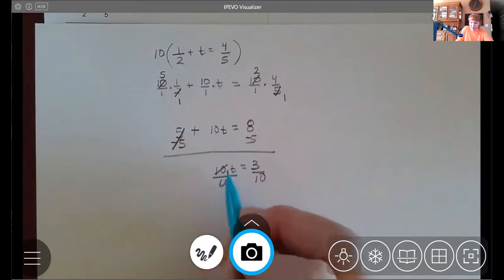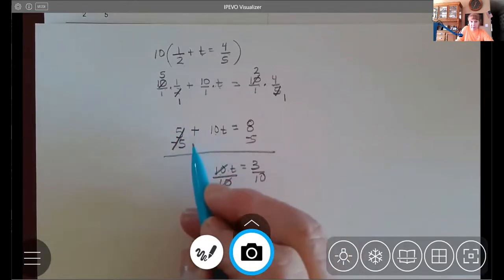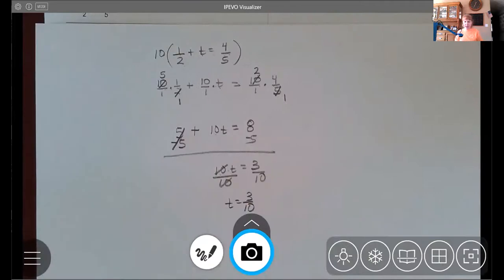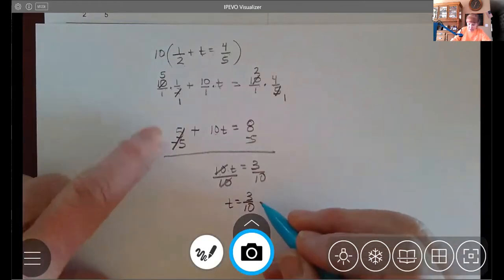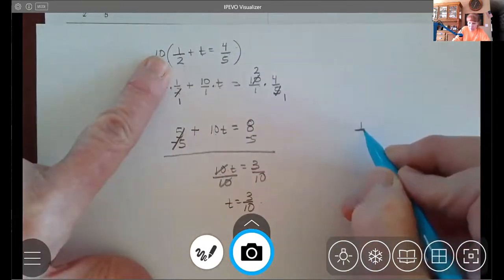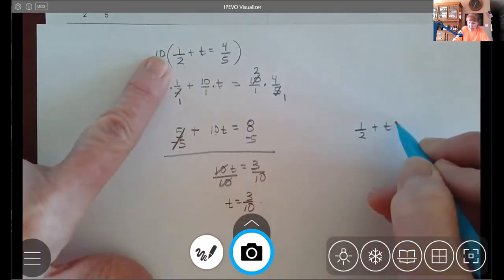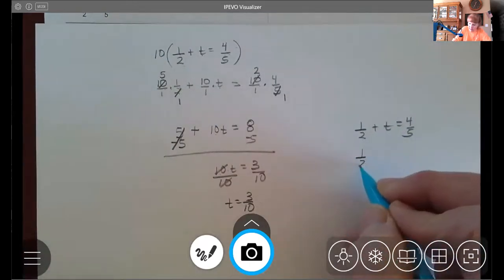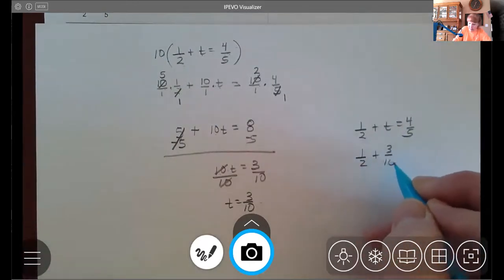This step, the sign always matches what you're getting rid of. This first step, it's always the opposite. So t equals 3/10. Now that may not be as easy to put back in and check. You can put it back into the original, which is 1/2 plus t, as a check: 1/2 plus 3/10.